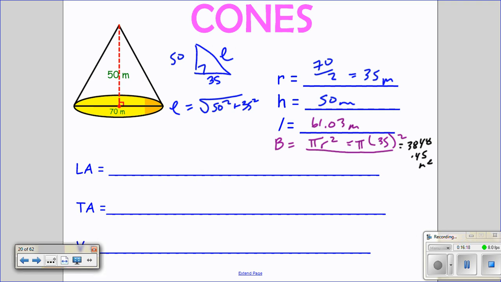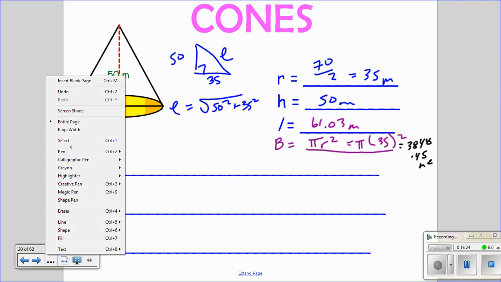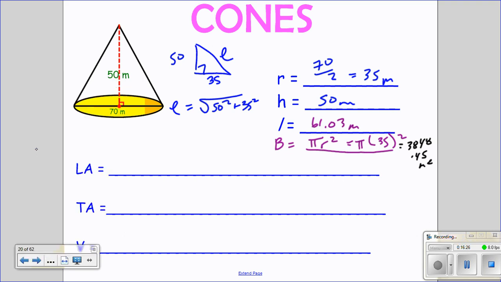All right. The formulas again. Our pi radius slant height for lateral. Pi radius slant height plus pi radius squared for the total area. And volume is 1/3 BH.